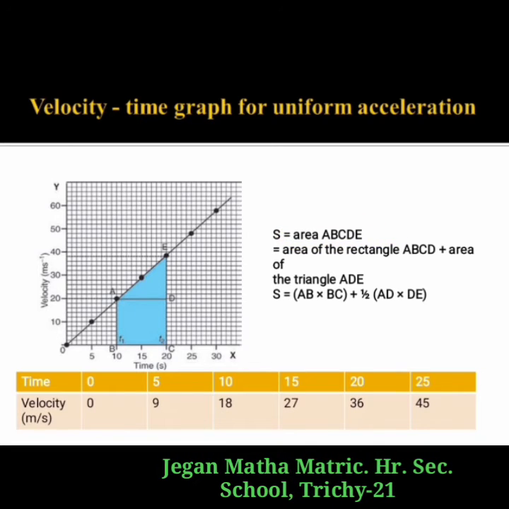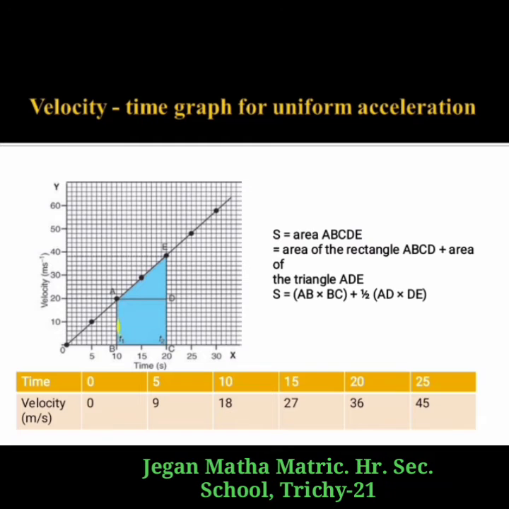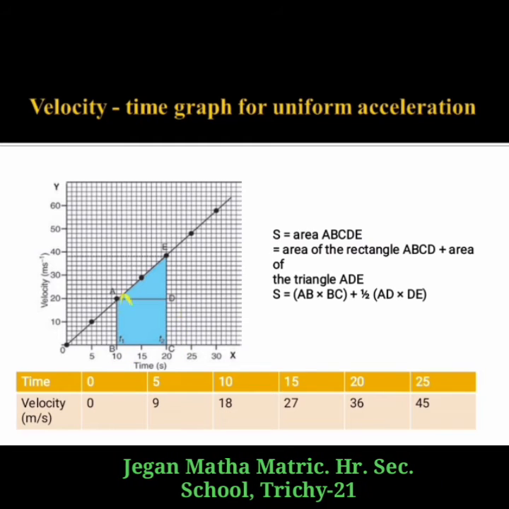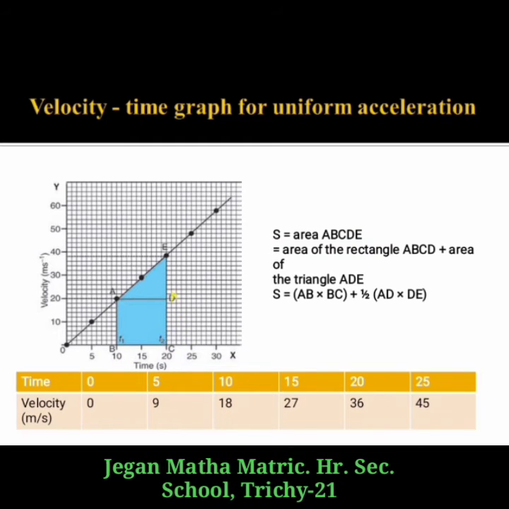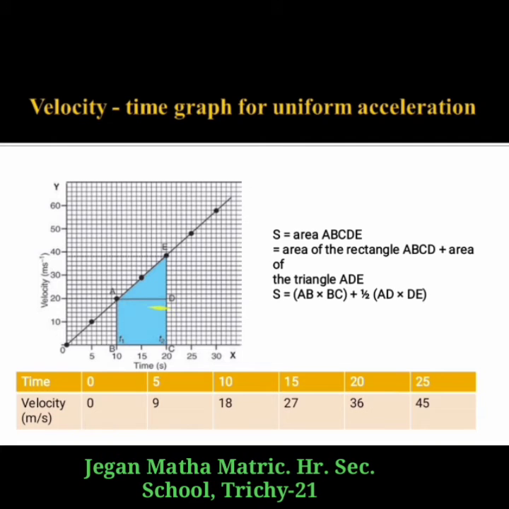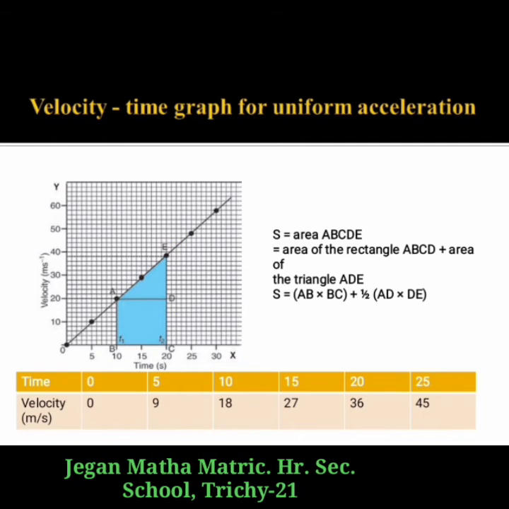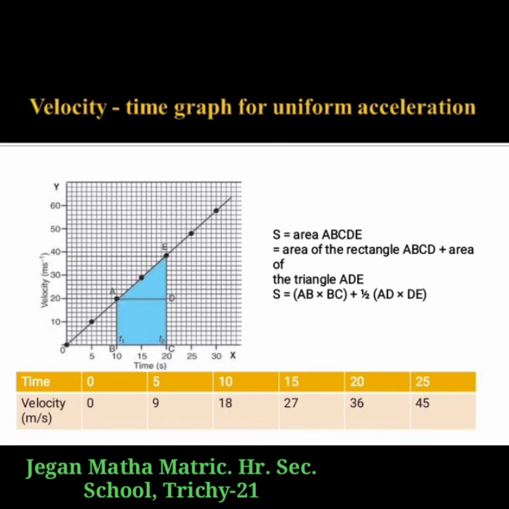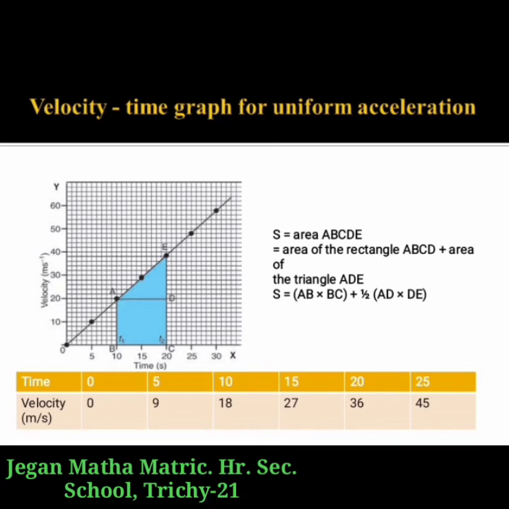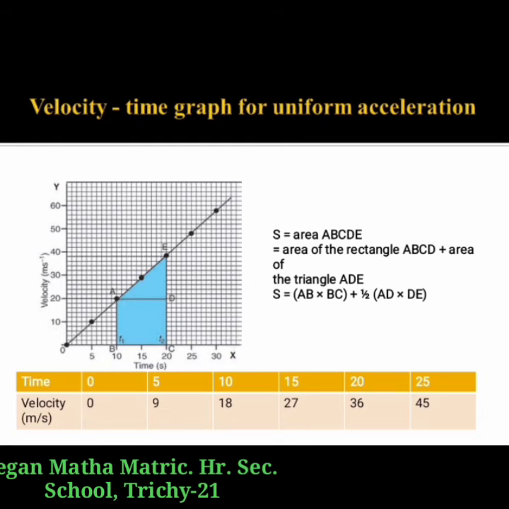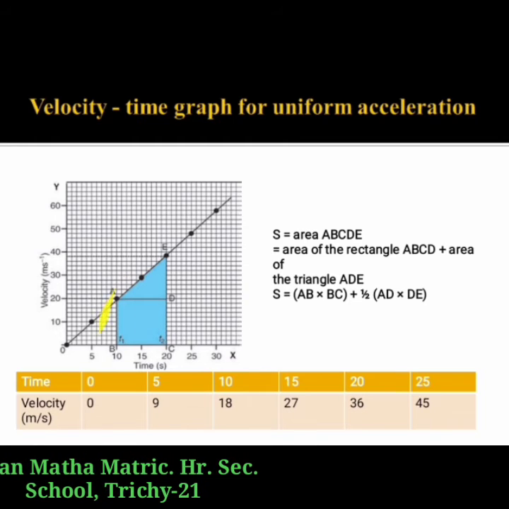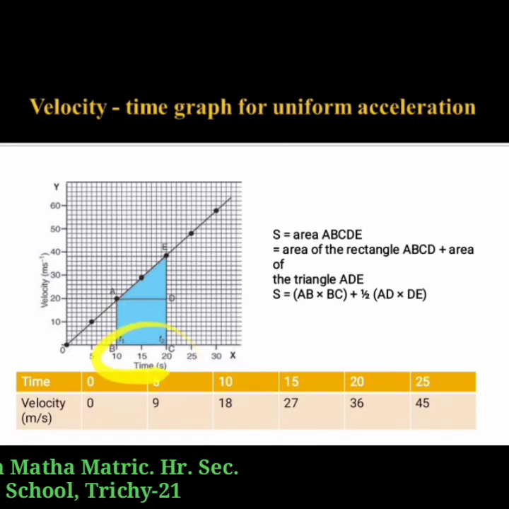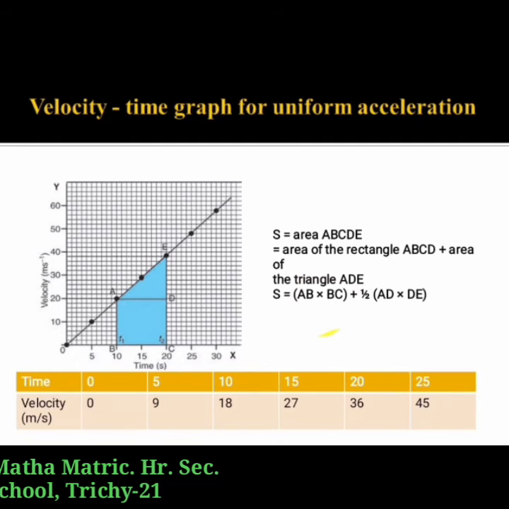Here it is the area of the rectangle ABCD plus the area of the triangle ADE. The area of the rectangle is length into breadth, that is AB into BC.